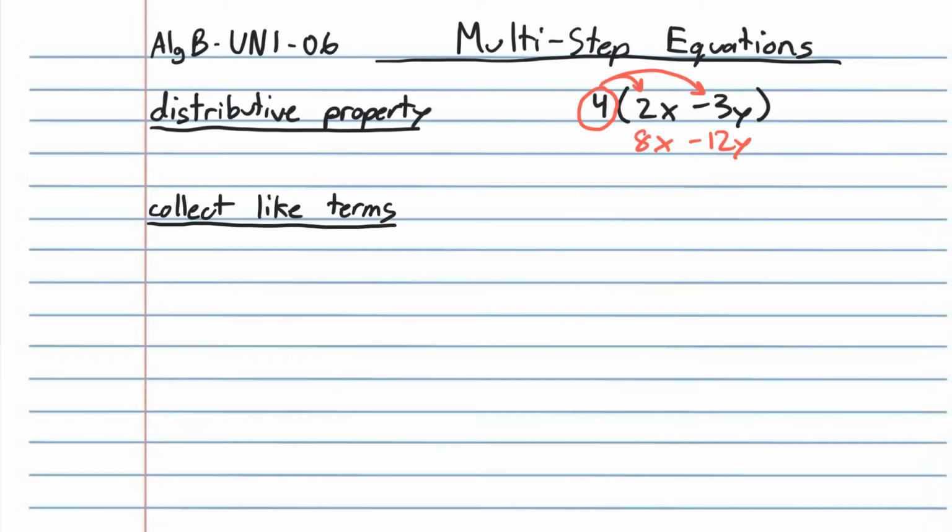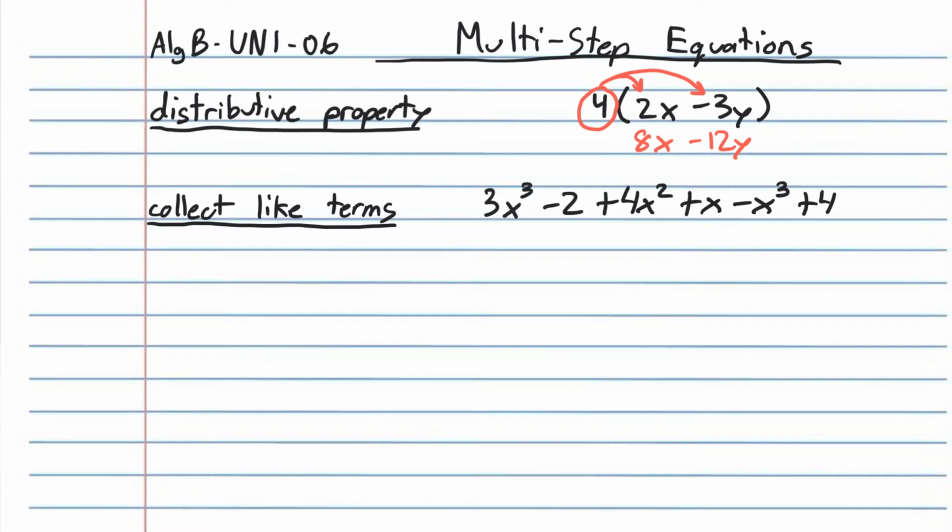When we talk about collecting like terms, remember those are when you have different types of terms, such as, let's say I give you 3x to the power of 3 minus 2 plus 4x squared plus x minus x to the power of 3 plus 4.